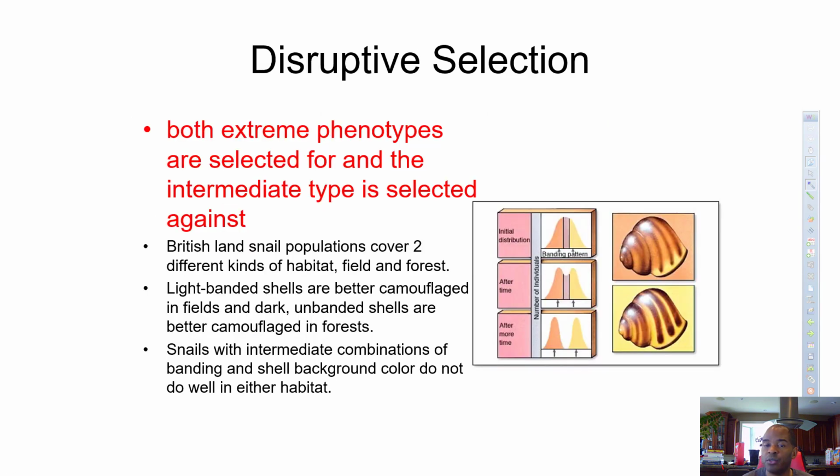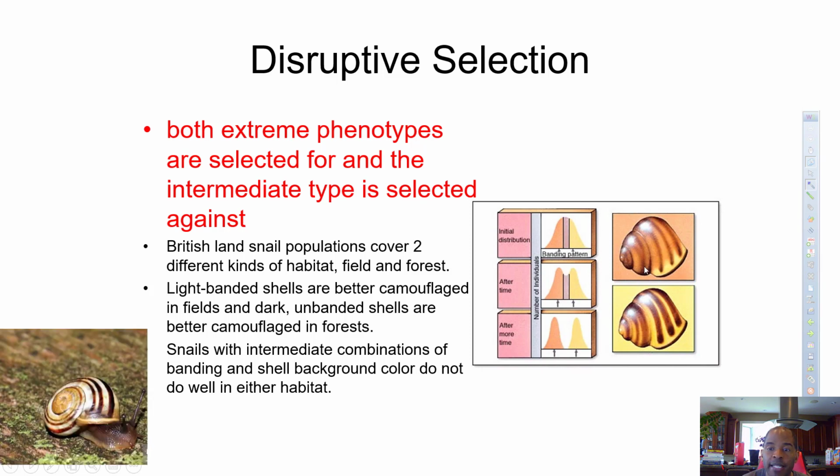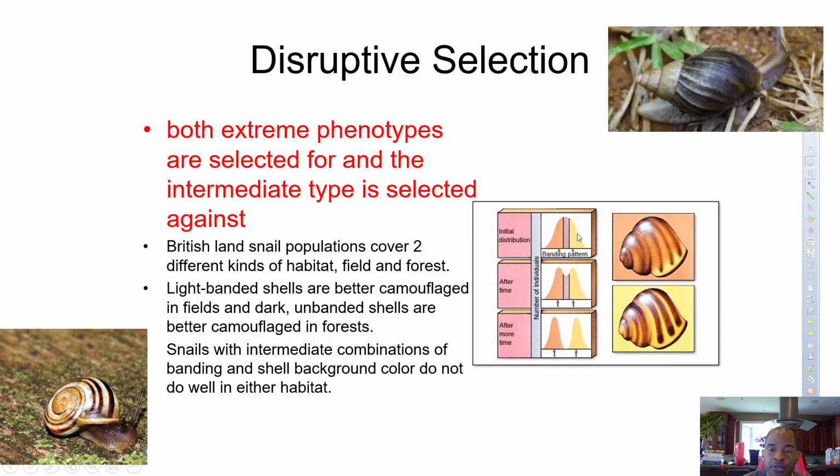And finally, disruptive. This is the one that leads to brand new species. Directional leads to something, stabilizing is no evolution, and disruptive is where both extremes are selected for. So we have our normal population, and in this example, we have a banded snail. Bands allow animals to camouflage and disappear in the grass.